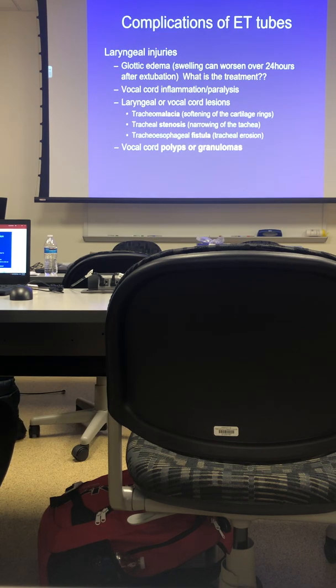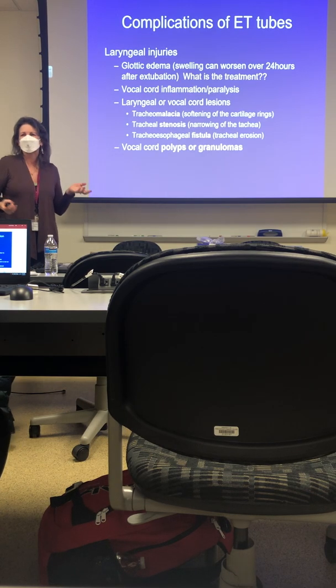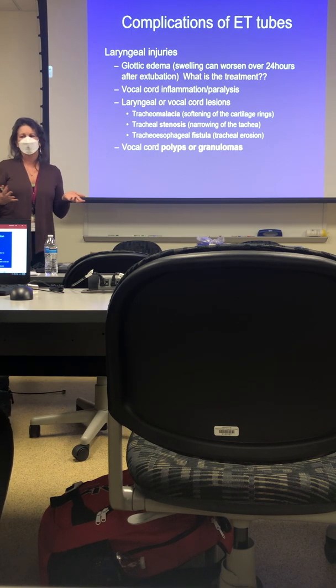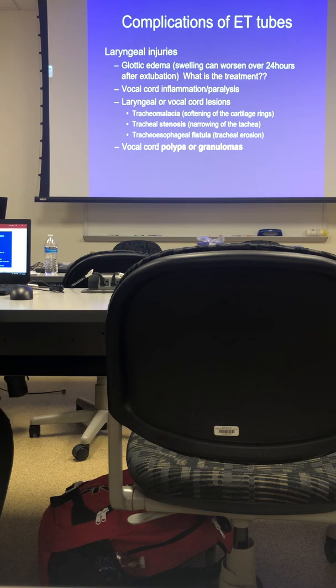All right, so complications of an endotracheal tube. When you have an artificial airway in the trachea, it shouldn't be there, right? So your body reacts to foreign substances in your body, number one.